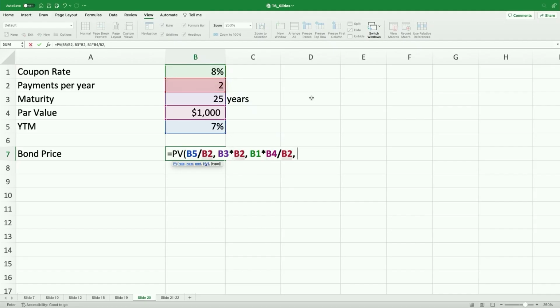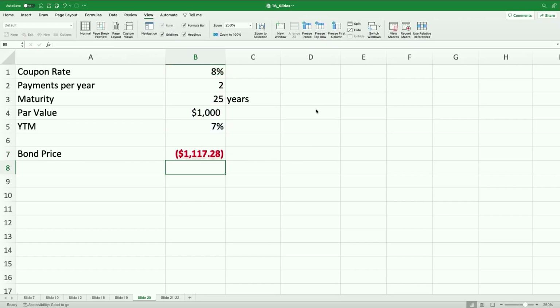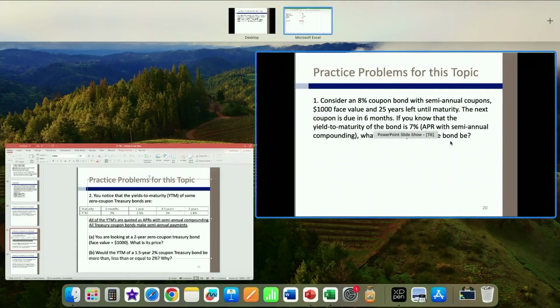And then remember that this optional FV, you can think of that in the bond context as the face value, the big lump sum payment at the end. That's 1,000. Okay, close parentheses, and we're going to get the bond price. This bond's price is $1,117.28.